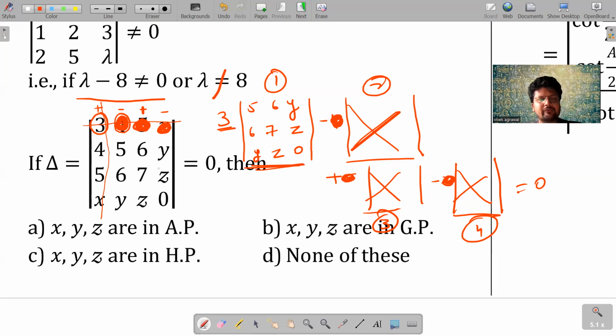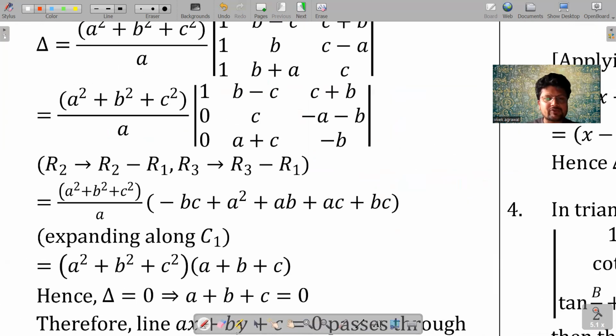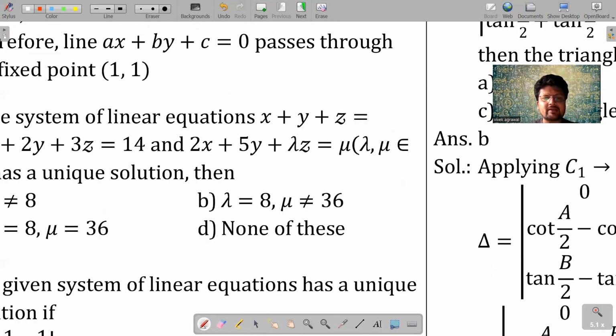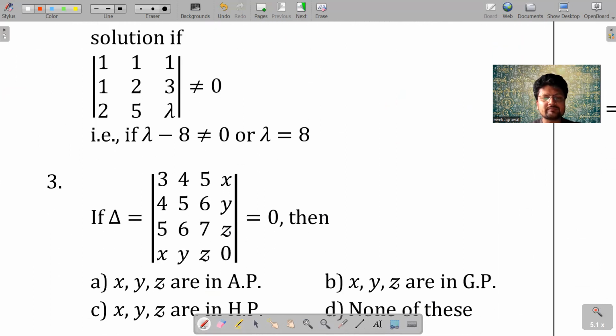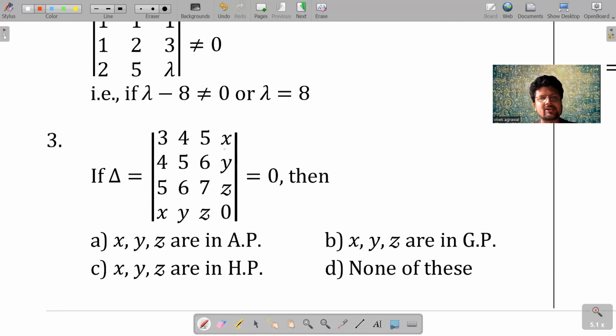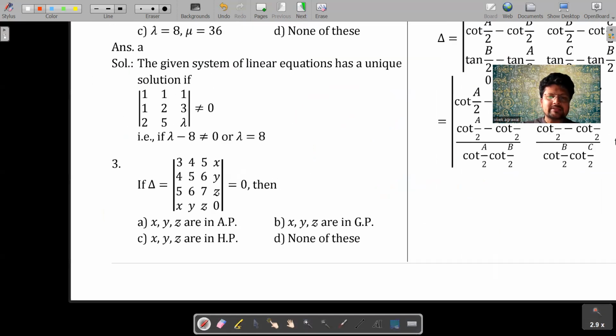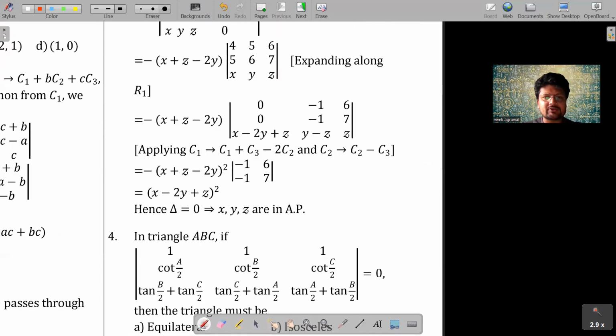So whenever you have a 4 cross 4 or 5 cross 5 determinant, your motive should be to make 3 zeros in a single row or in a single column so that you can expand. Now let's use row and column transformation to do the same.